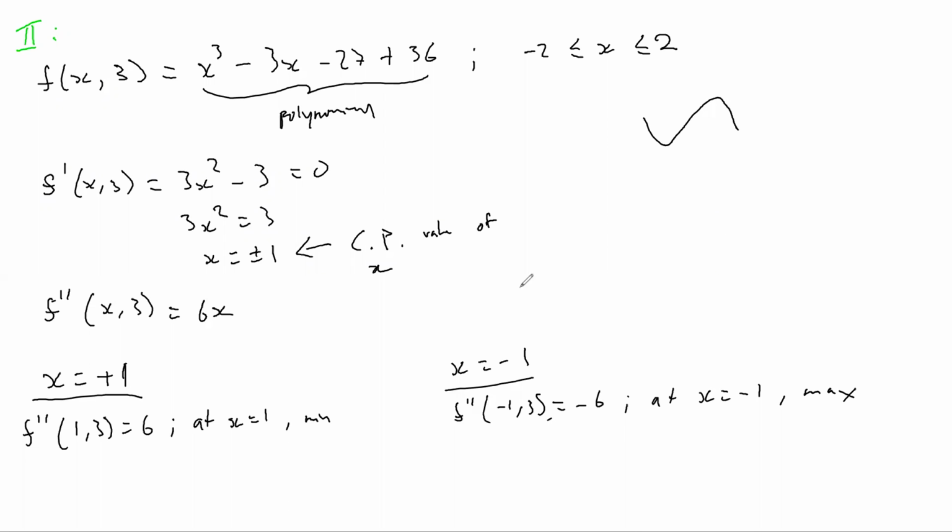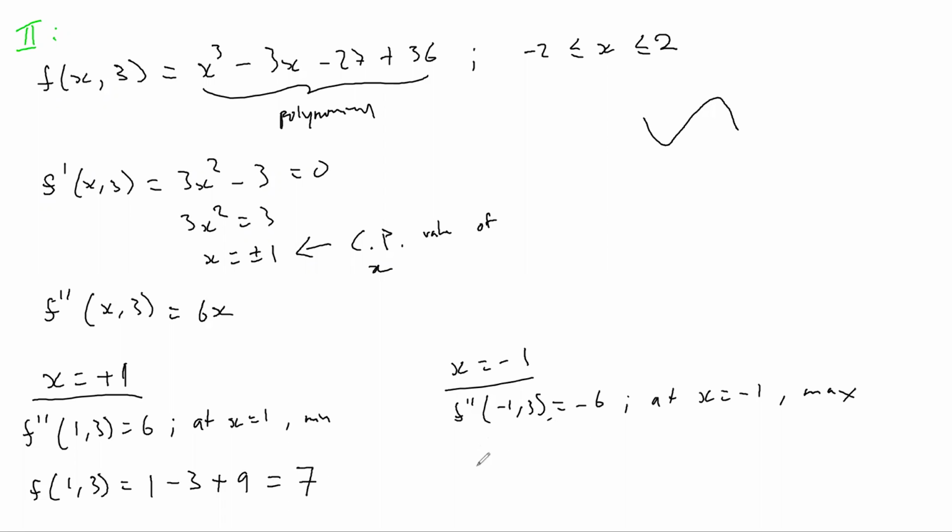All right, so let's see. So at x equals 1, so f of (1, 3) is equal to 1 minus 3 plus 9, yeah, plus 9, which is equal to 7.